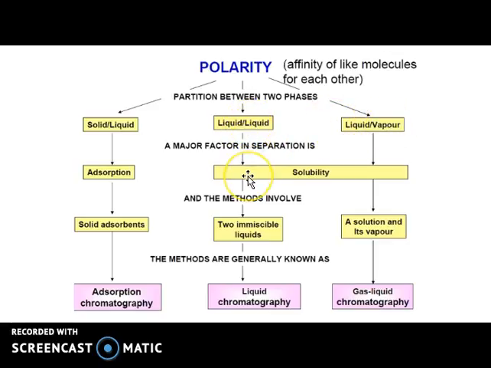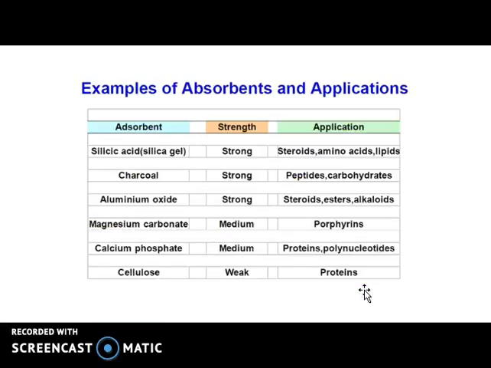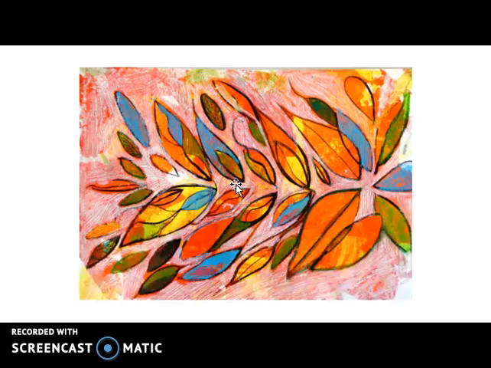Liquid to liquid is due to solubility, and liquid to vapor is also due to solubility. This will be covered in HPLC and GC lectures. So an example of adsorption and its application is as such for your reference. Thank you.